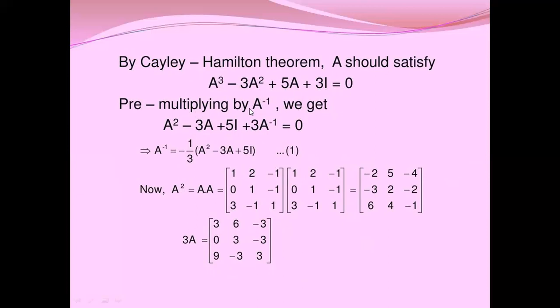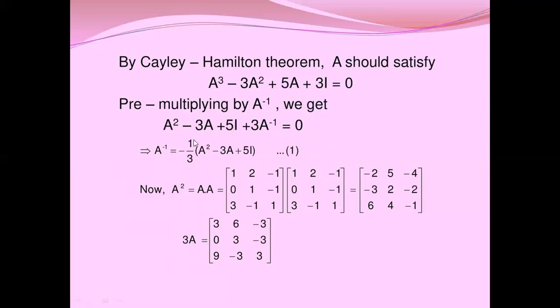By pre-multiplying A inverse on both sides, we get A square minus 3A plus 5I plus 3A inverse equal to 0, because 0 multiplied by anything is equal to 0. Let's find out what A inverse is.